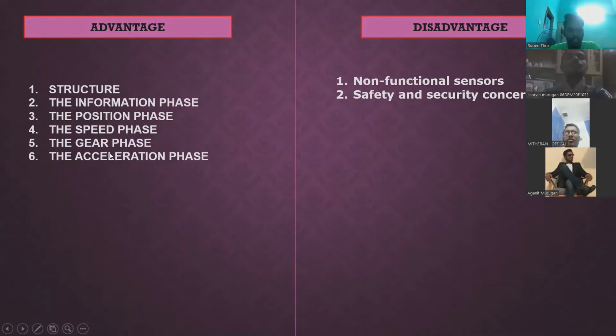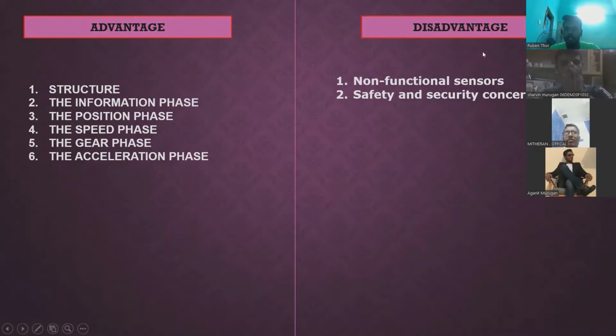The fifth one is the gear phase. Throttle input while downshifting is used to match the engine speed with the road speed. The sixth one is the acceleration phase. When the speed is right and the proper gear engaged, the only thing you have to do is apply full throttle when the car exits the bend.